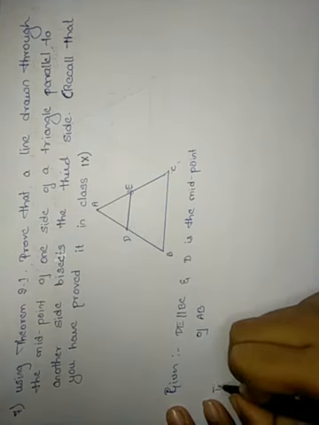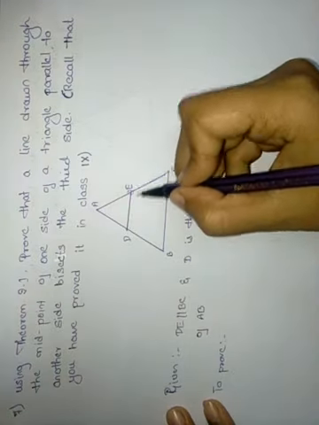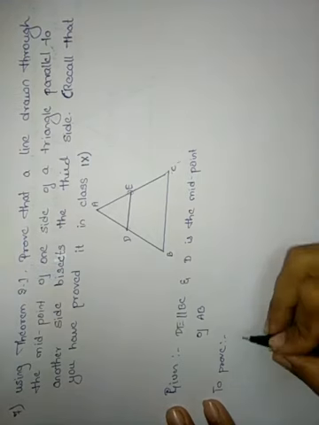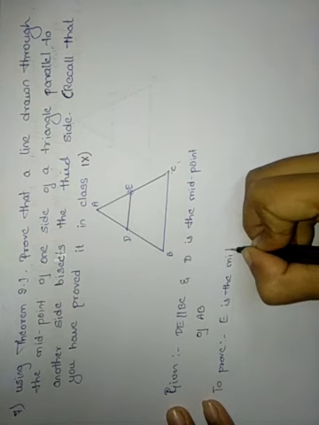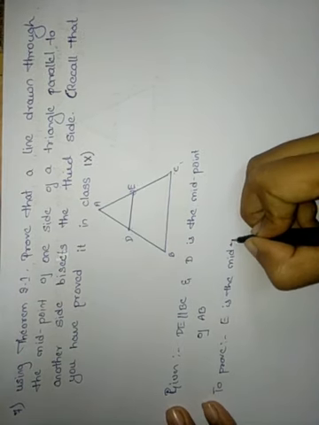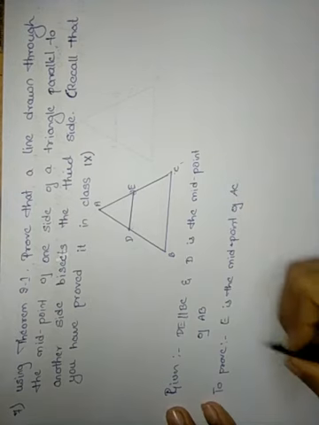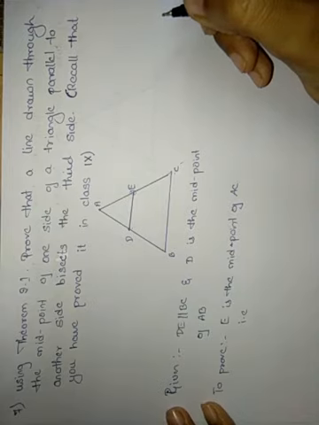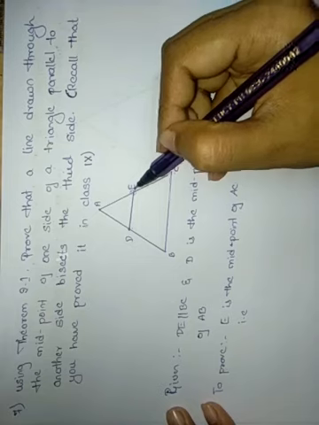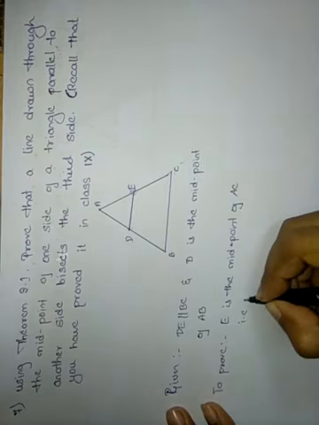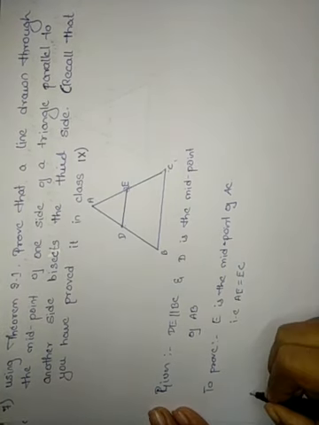Now we have to show that E is the midpoint of AC. In the midpoint theorem you learned that if E is the midpoint of one side of the triangle, then AE will be equal to EC, right? So we'll write here AE is equal to EC.